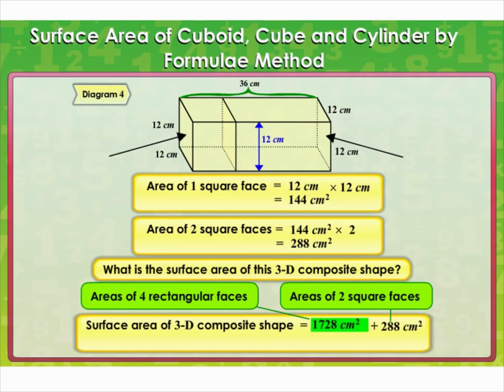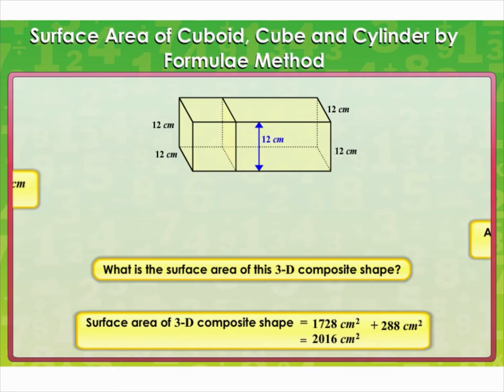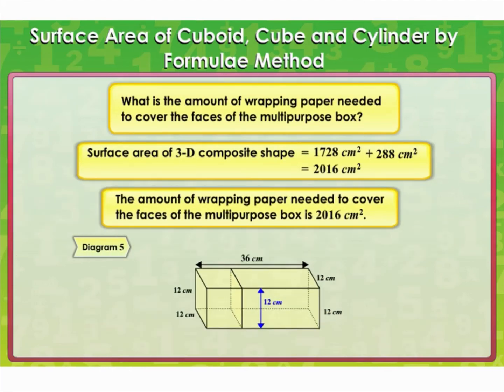So add 1728 square centimeters to 288 square centimeters. The surface area of this composite shape is 2016 square centimeters. Therefore, the amount of wrapping paper needed to cover the faces of the multipurpose box is 2016 square centimeters.